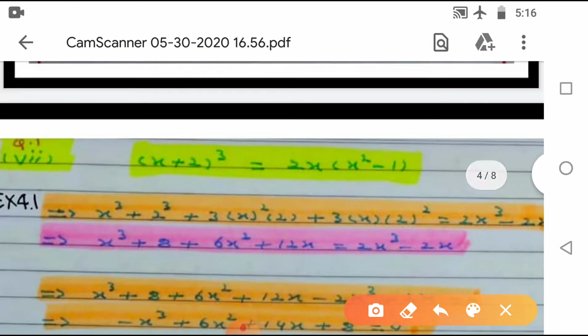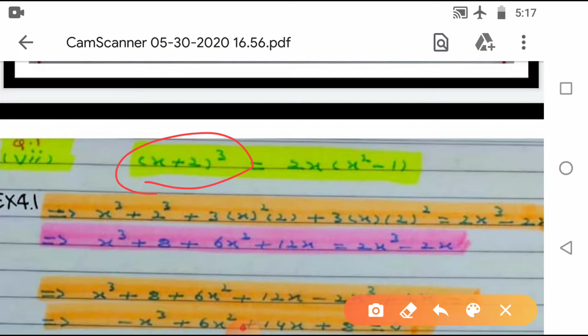Now, look at the next one, that is the seventh part: (x + 2)³ = 2x(x² − 1). Here we have (x + 2)³, so we have to apply the formula for (a + b)³.